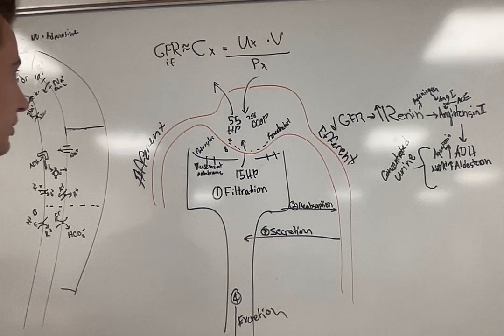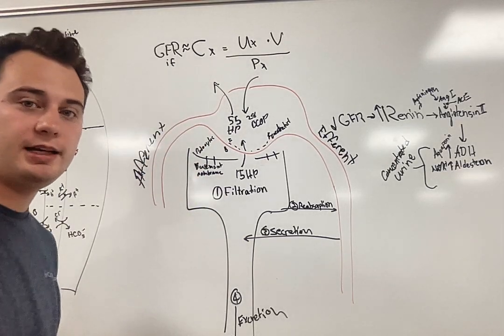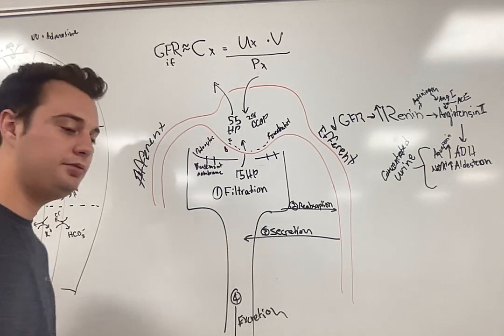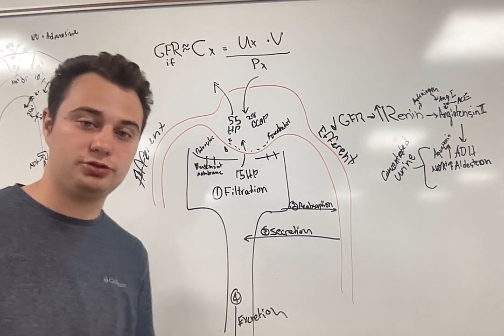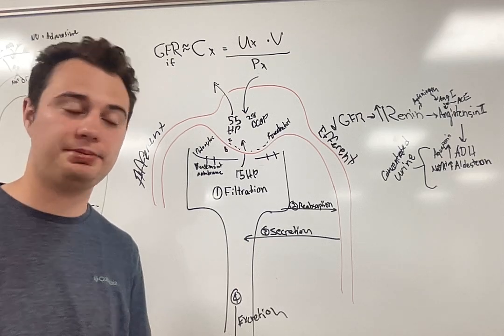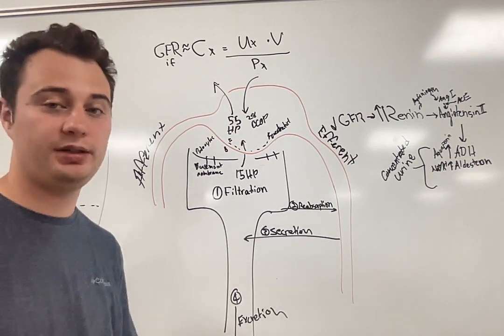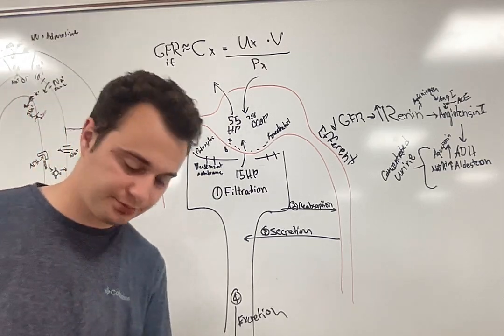And it's heavily correlated with your clearance rate. Your clearance rate is how much solute is dropped from your body in ratio to the plasma. It's pretty much how effective something can be reabsorbed, secreted, then excreted, right?